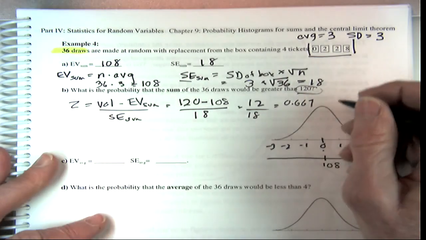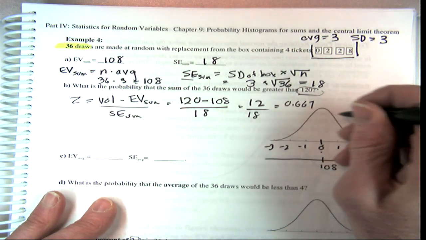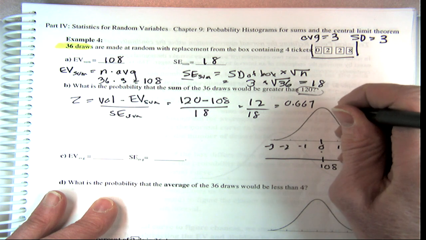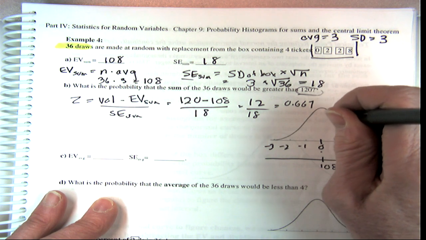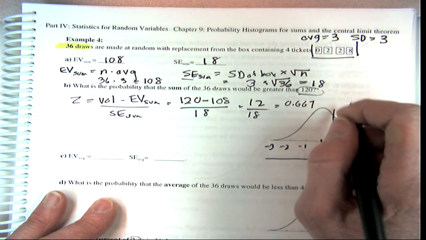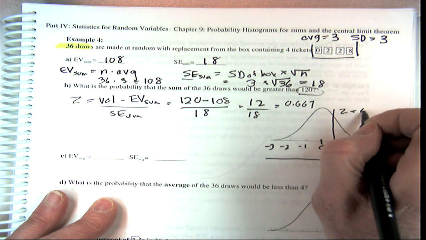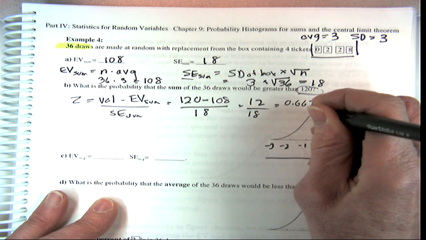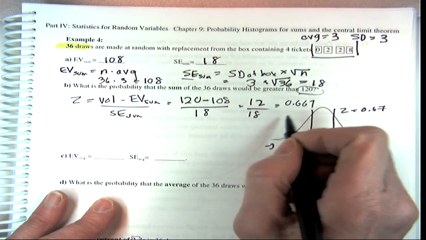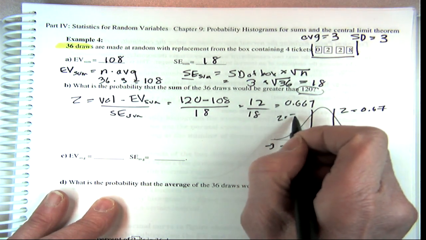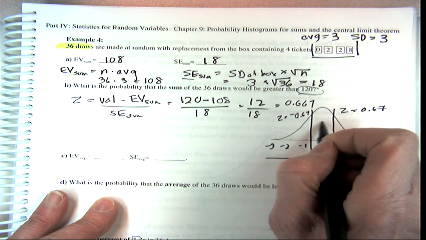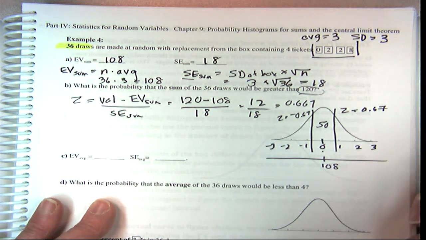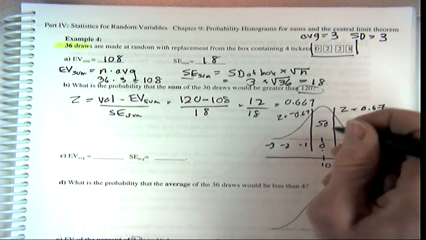We can look it up exactly if you want, but let's just do it for now. So between z equals 0.67 and z equals negative 0.67, we have about 50%. All right, so we have about 50% in there.